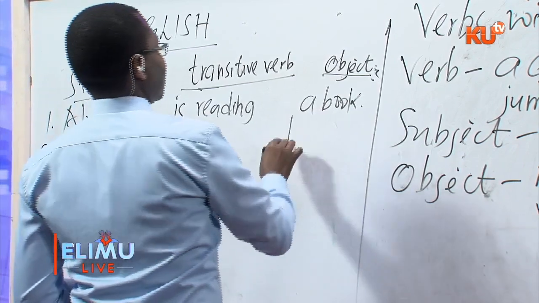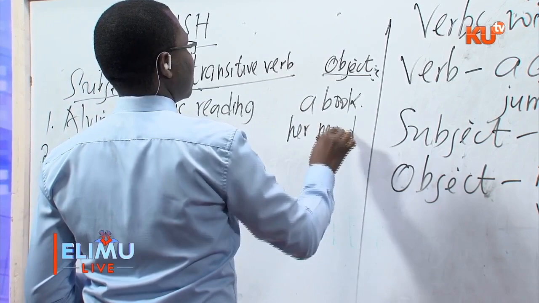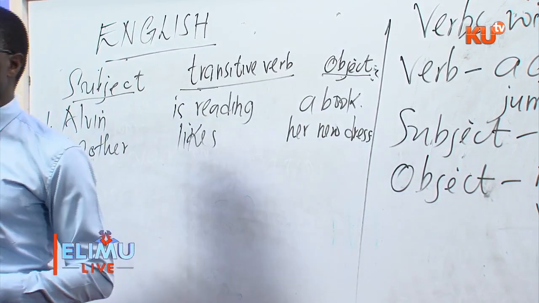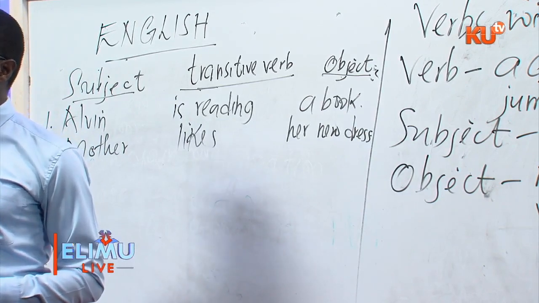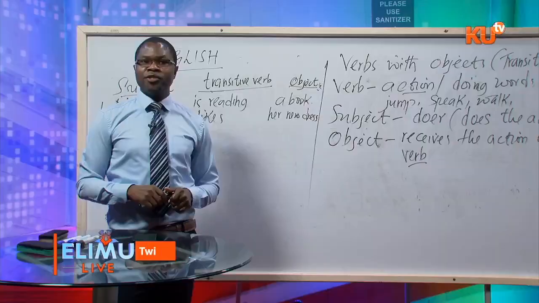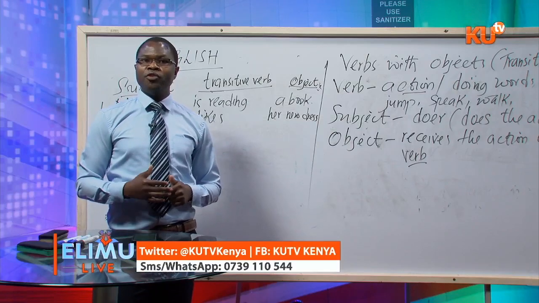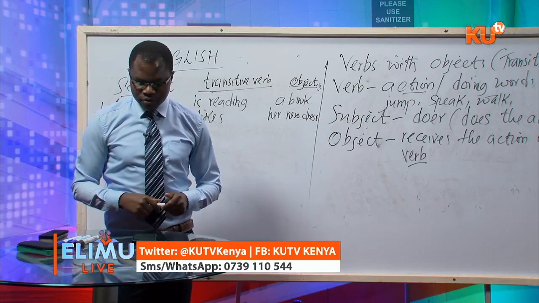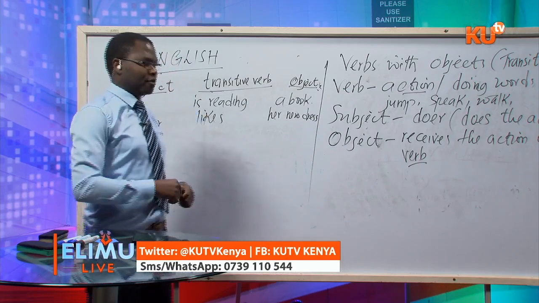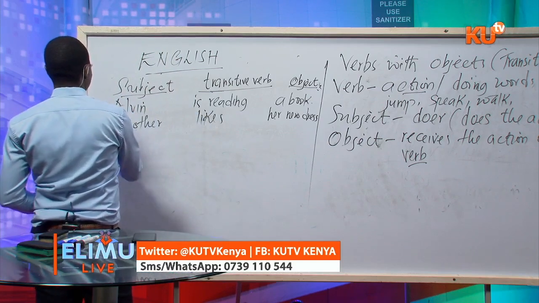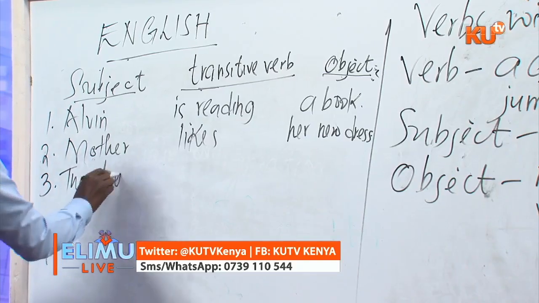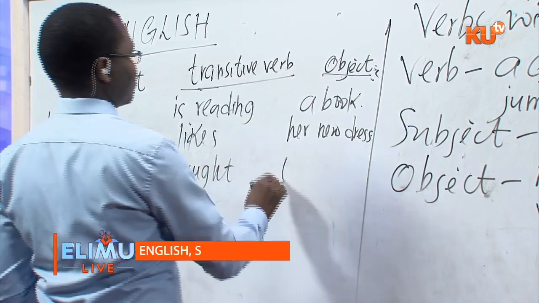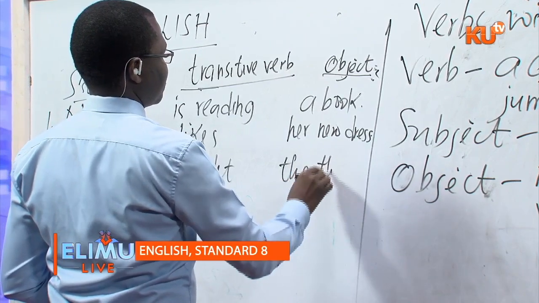Number 2: Mother likes her new dress. In example 2, mother is the subject, likes is the verb, which is transitive, and finally her new dress is the object. Another example: the dog caught the thief.